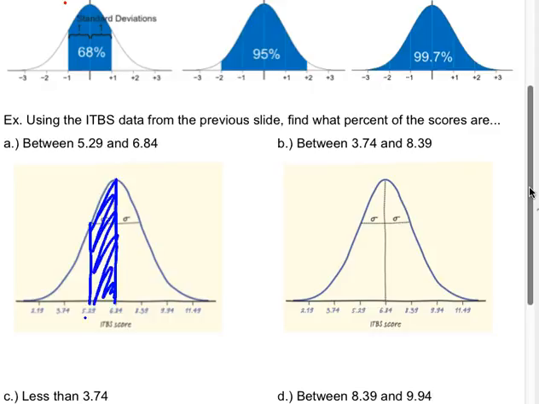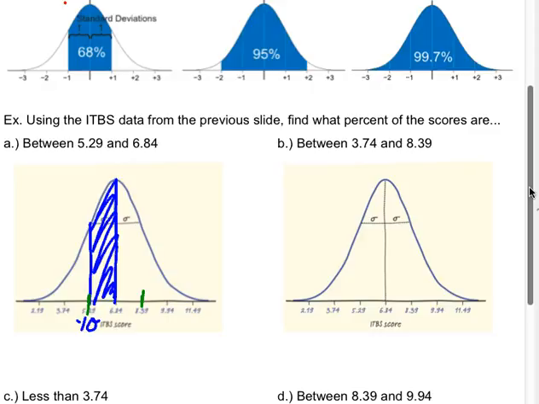Now, the first thing I know is that this is 1 standard deviation away from the mean, okay? Or that's the -1 mark. So -1 standard deviations. Well, from here to here, 68% fall within there, and if you notice, this is only half of that.